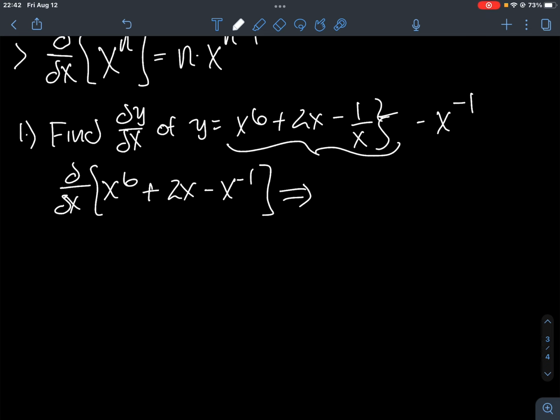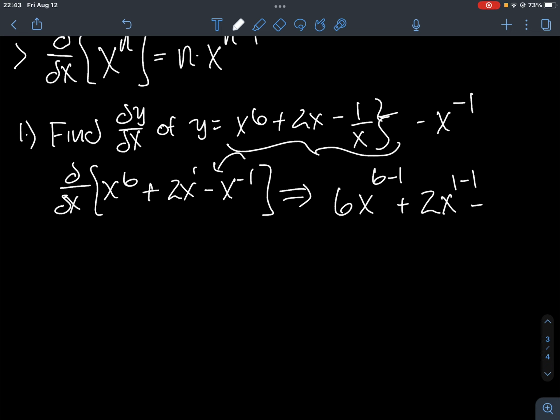So let's go ahead and compute this derivative. Well, we know for the first one, x to the sixth, we're going to bring that 6 to the front, multiply by x, take 1 away from the variable, so 6 minus 1, plus, now if we look over here, we see that x is raised to the first power, so 1 times 2 is 2x to the 1 minus 1, minus, well, if we look over here, if we bring that minus 1 to the front, there's a minus sign there.